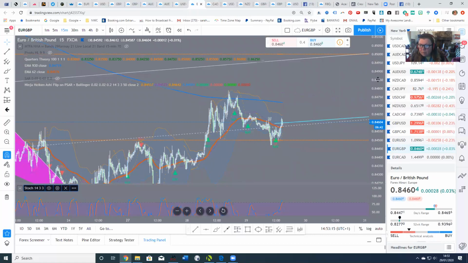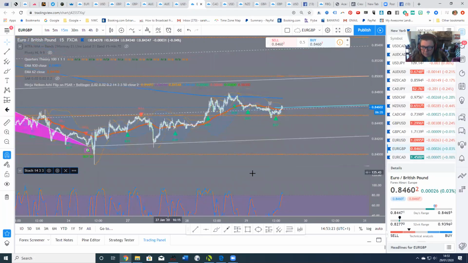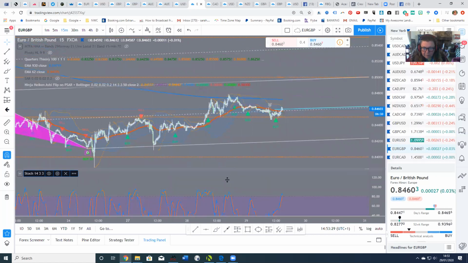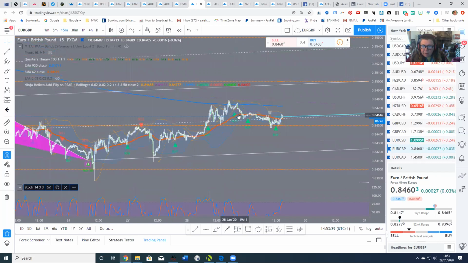And you can see it's come off the D point here, come off the D point there, broken and retested. So it is moving, but it is slow.